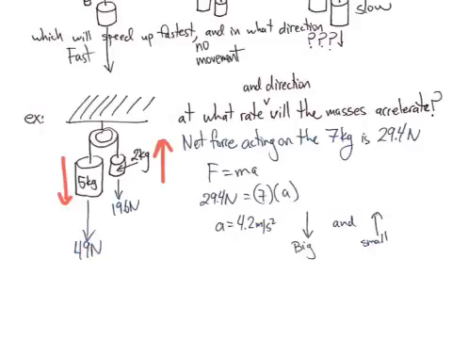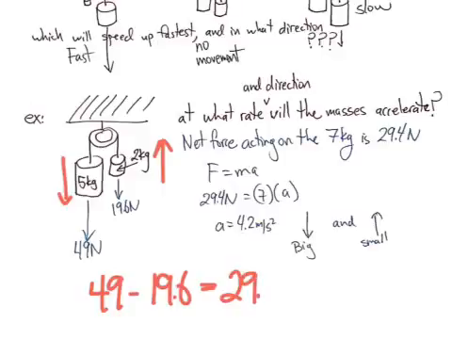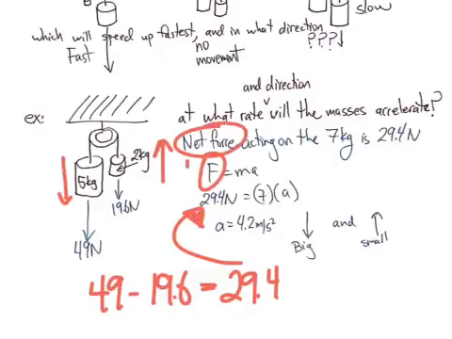So the net force acting on 7 kilograms total is 29.4 newtons, meaning 49 minus 19.6 equals 29.4. So that is the net force. F in F equals ma is always net force.